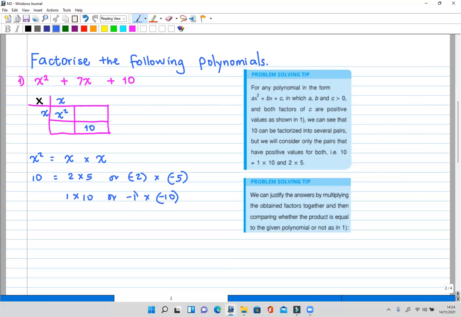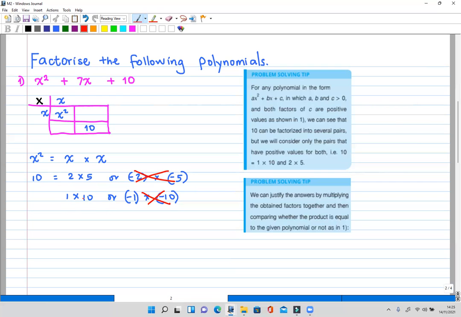But now, if we take negative 2 times negative 5, yes, it will give us 10, but negative 2 plus negative 5 will not give us 7. So we don't need this. If we use negative 1 times negative 10, we will get 10, but it will not give us 7. So we don't need this.